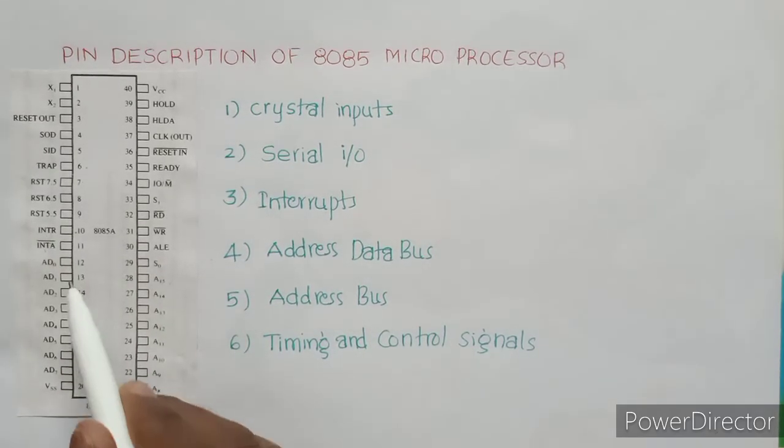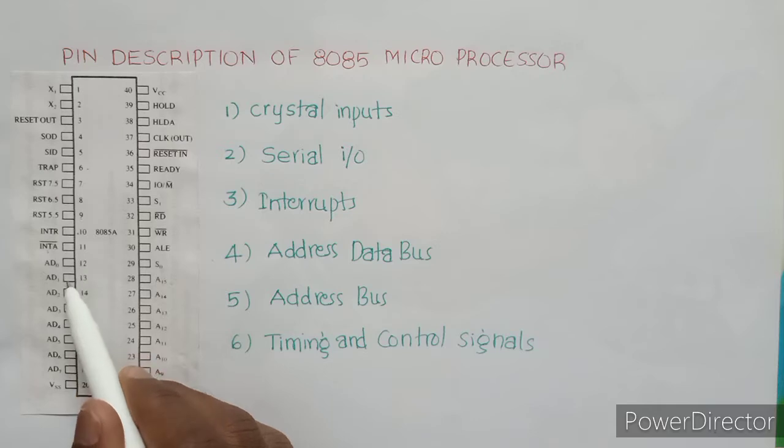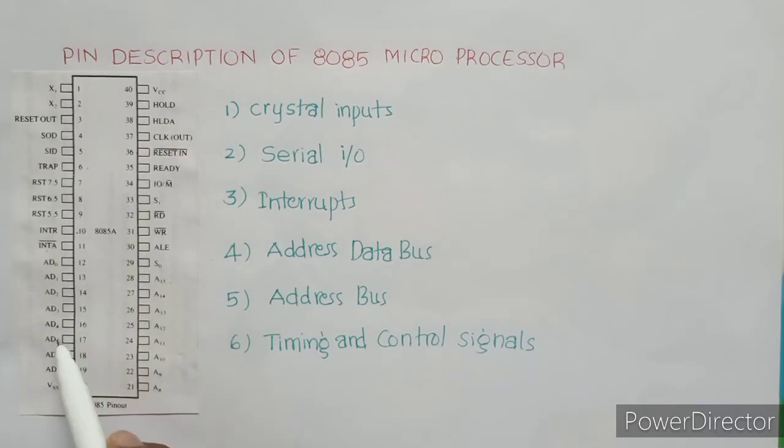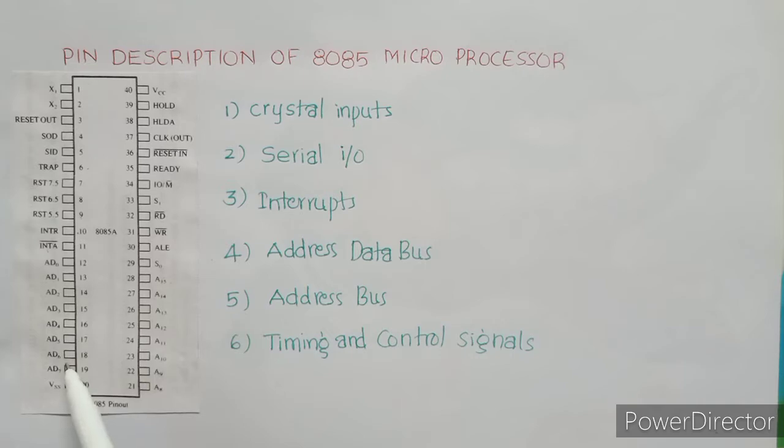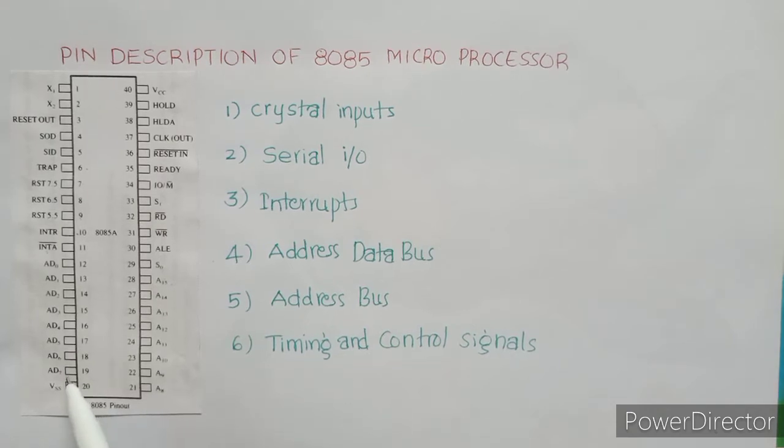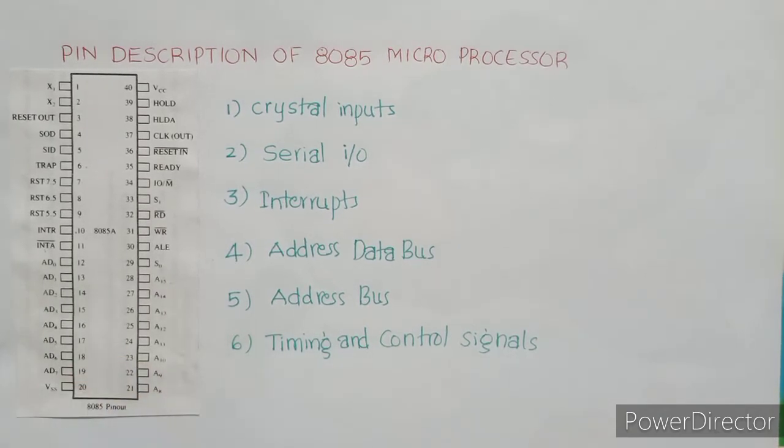Next, AD0, AD1, AD2, up to AD7. These pins are the address and data bus.